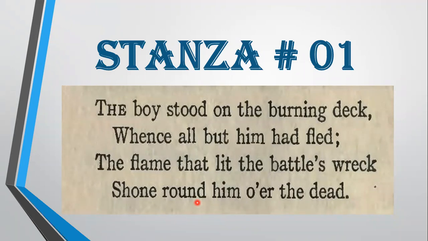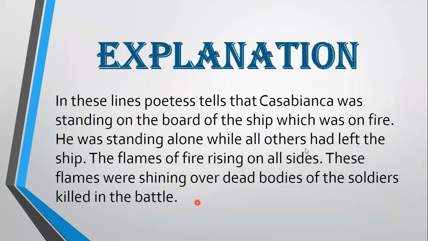The flames were rising so high that they were burning the dead bodies, and even Casabianca himself was about to die. All other people ran away. They had left the ship. डर के मारे वो भाग गए थे और कुछ लोग मर गए थे.